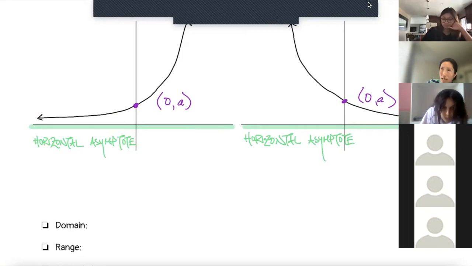So we could call this the x-axis, but does anyone know an equation that we could write for this horizontal asymptote? Isn't it like x equals everything greater than? I'm just spitballing. You're fine.